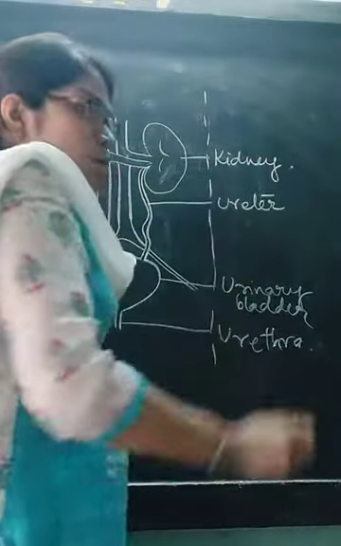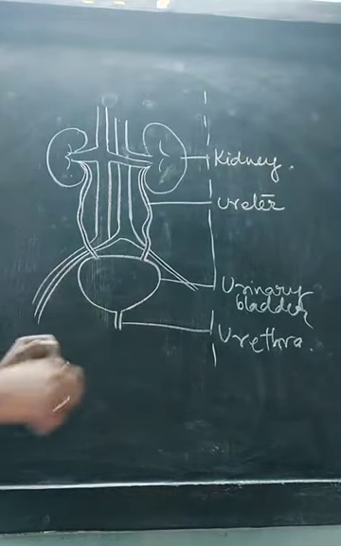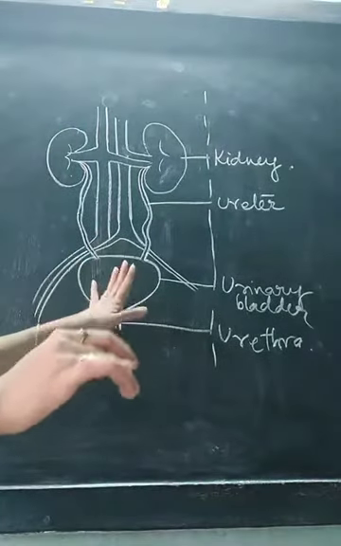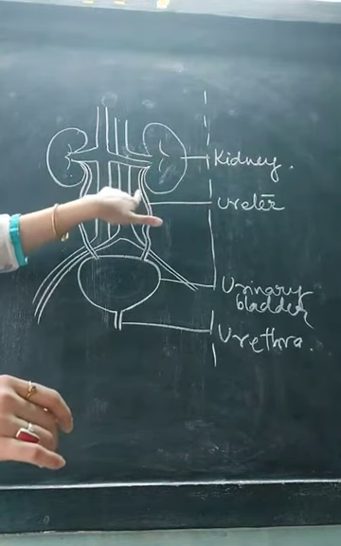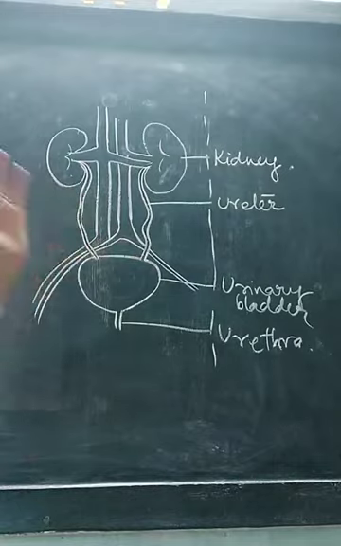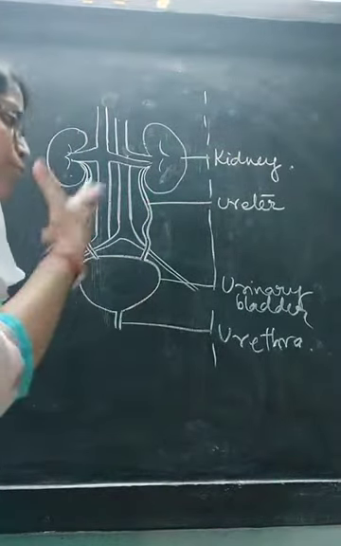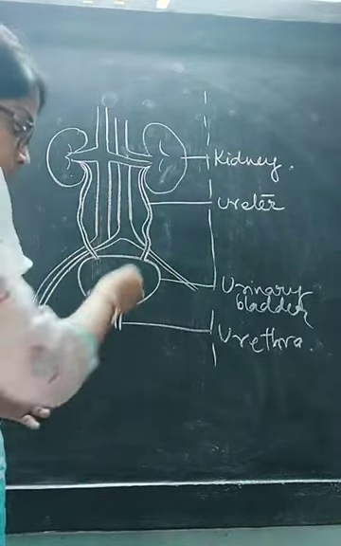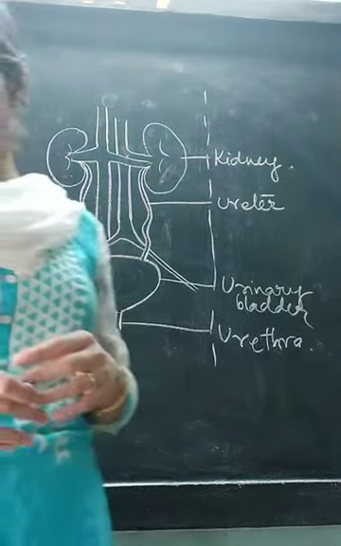Coming to the third one, what is urinary bladder? As you can see, it is a pouch-like muscular organ in which urine is stored temporarily. Urine is produced in the kidney, carried through the ureter, and is stored within the urinary bladder temporarily for some time until this urinary bladder becomes full of urine and pressure is exerted, which will stimulate urination, the emptying of the urinary bladder.